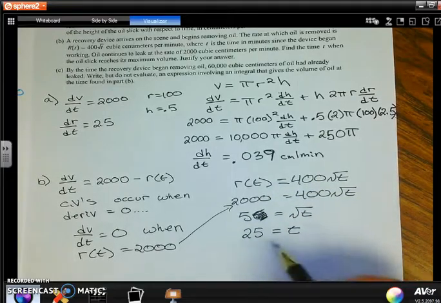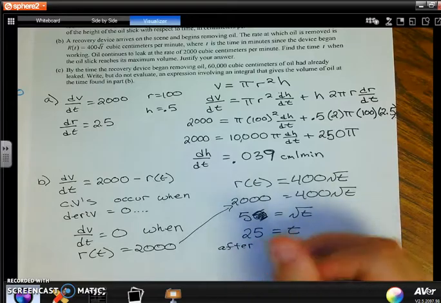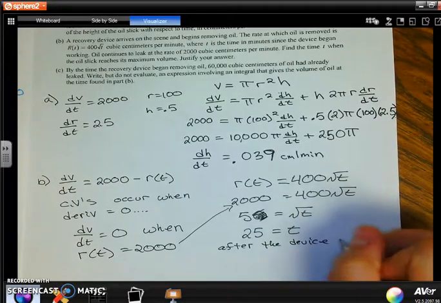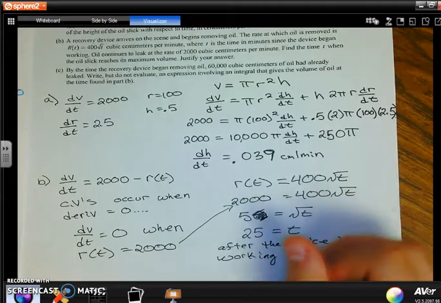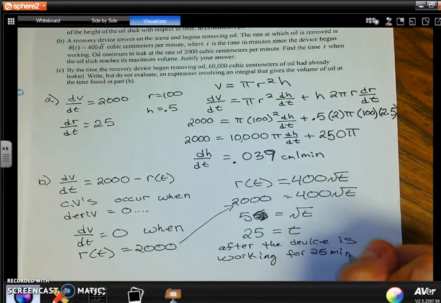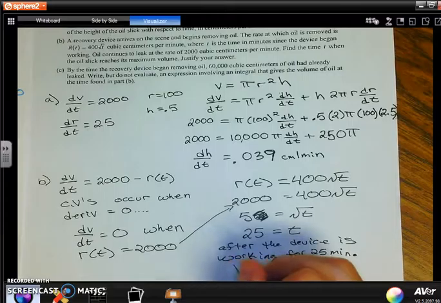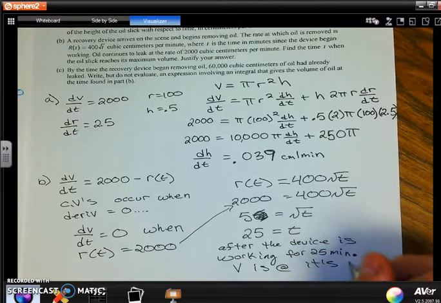What does this mean in words? This means that after the device is working for 25 minutes, the volume is at its maximum.